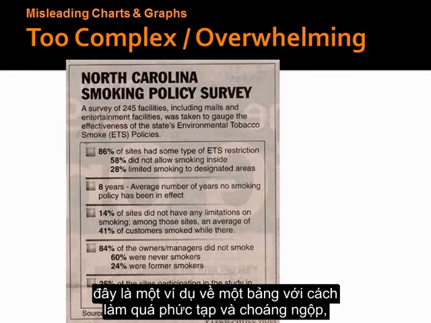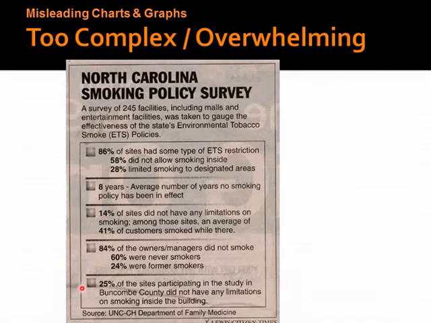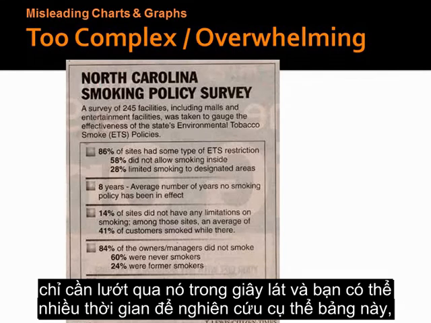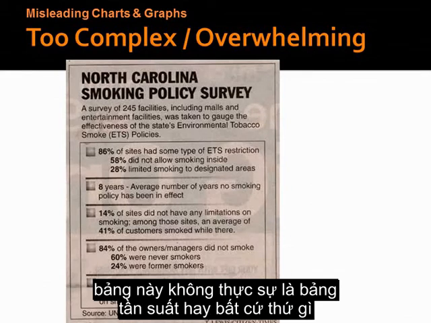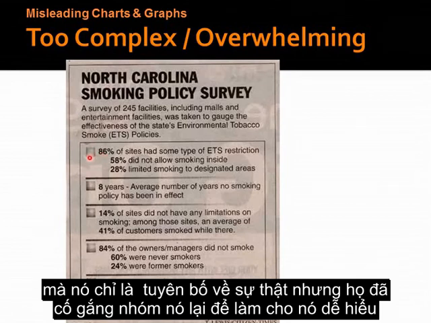Here's an example of a table that's way too complex and too overwhelming. Pause it for a moment, and take as long as you like to study this table. It's not really a frequency table or anything. It's just a statement of facts, but they made some attempt to group it to make it understandable.